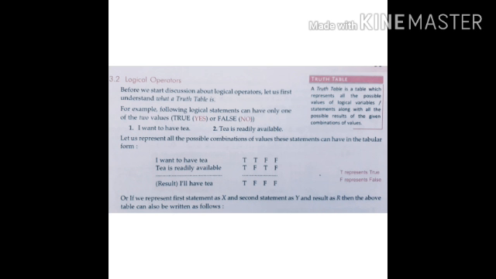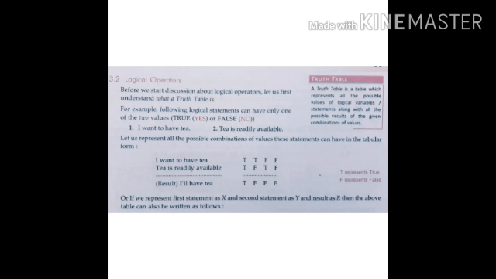In a similar way, if I want to have tea is false, the second statement could possibly be true or false. So we can see that for the true and false results of both statements, the result I will have tea will be possible only if both the statements given here are true. Otherwise, the result will be false.